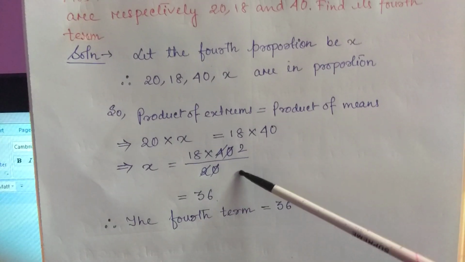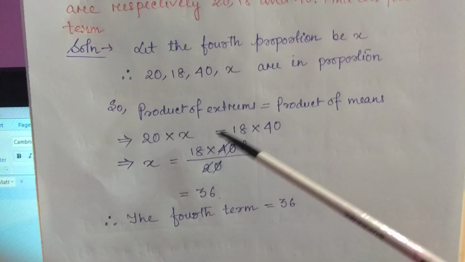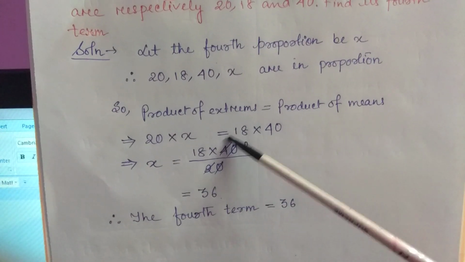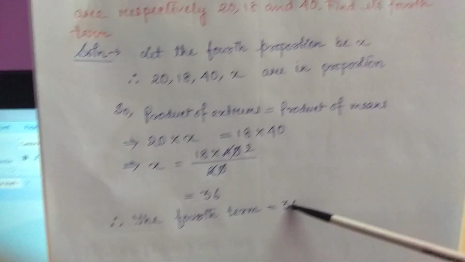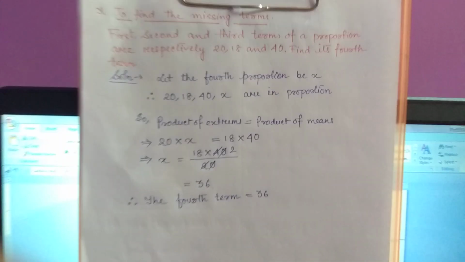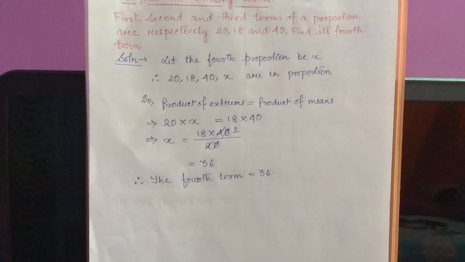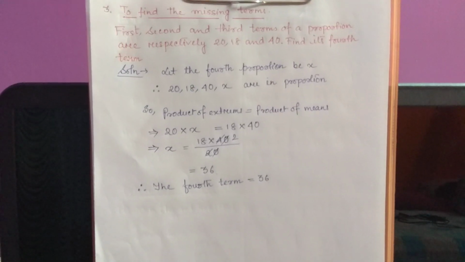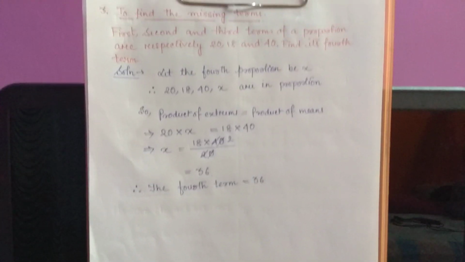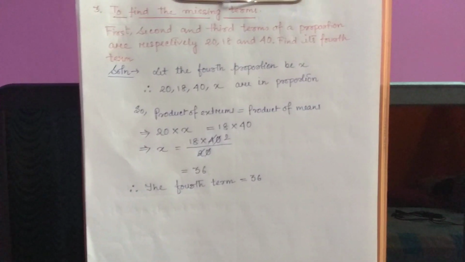If we shift it to this side, we will get it in divide form. Here I have done the simplification and got the fourth term as 36. In this way, we can find any missing term of a proportion. So this much is the explanation. In the next video, we will go to the exercise in detail.